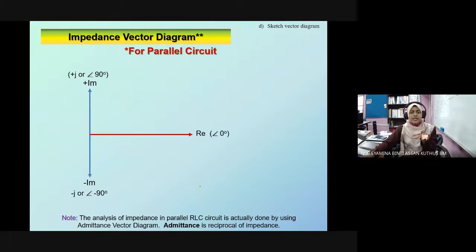For any parallel circuit pula, kita akan ada R, kita nak kira R sentiasa guna Ohm's law. Kalau parallel circuit nak cari total R, sentiasa 1 over R kan. So untuk XC adalah 1 over XC, 1 over XL. Dia akan terbalik tadi.